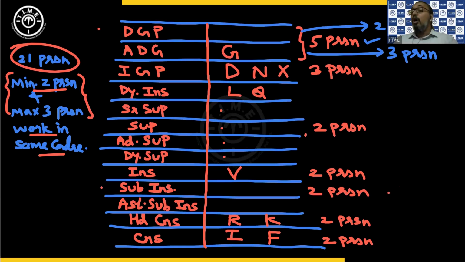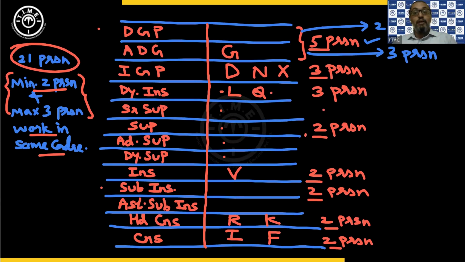Now if I count how many total persons I have in this list, in the beginning you have 5, then a 3, which is 8, then 8 plus 2, 10, then you have 12, 14, 16, 18, and then L and Q is 2 people, so 20 people you already have. Then there is only 1 more person, and that 1 person should be given as deputy inspector only. So in deputy inspector, you will have 3 persons.